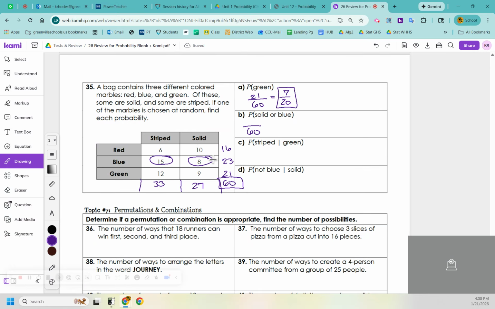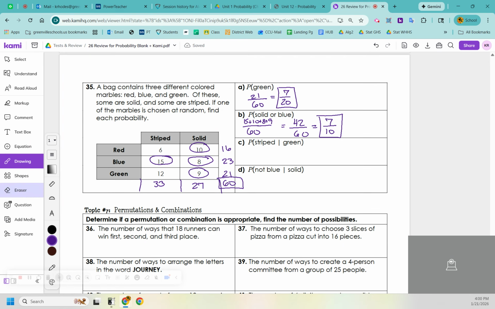So blue would be true or solid would be true. So these also would count, those 4 added together. So 15 plus 10 plus 8 plus 9 is 42 out of 60. And in the calculator, 7 out of 10 when you simplify it.